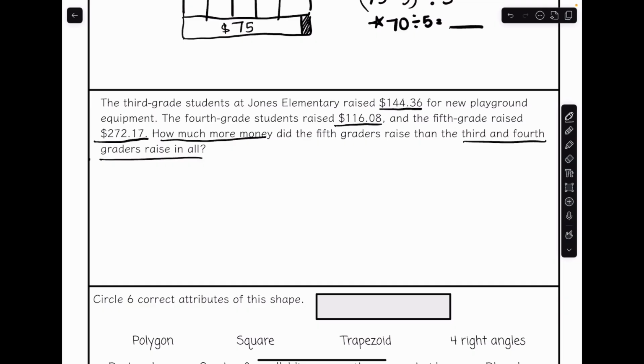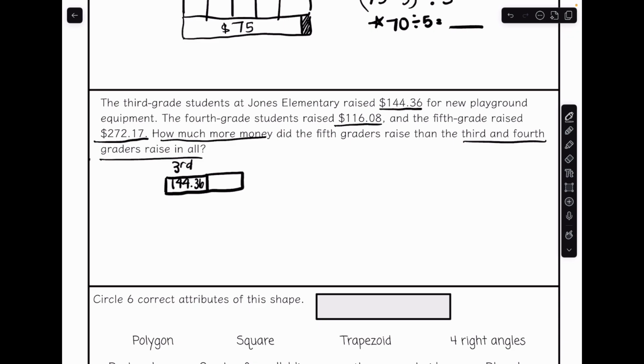Okay, so let's go ahead and represent everything. We have our 3rd graders who raised $144.36.